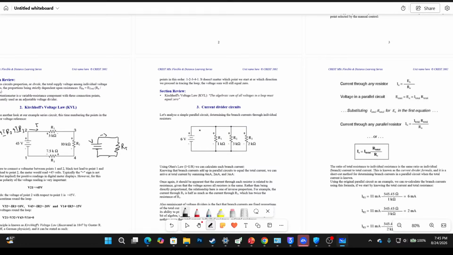Now we have KCL: the current in equals the current out at any node. We have KVL: the voltages around any closed loop sum to zero, or the potential drop across all the components is equal to the voltage of the source.